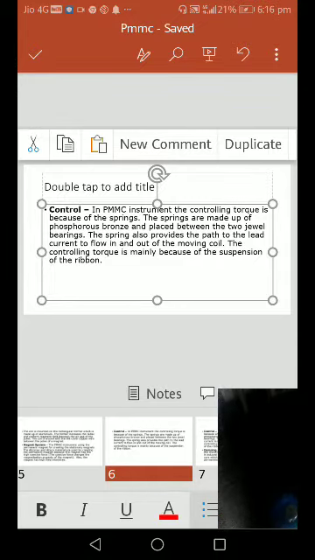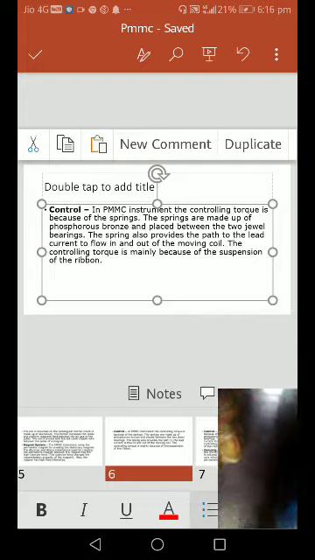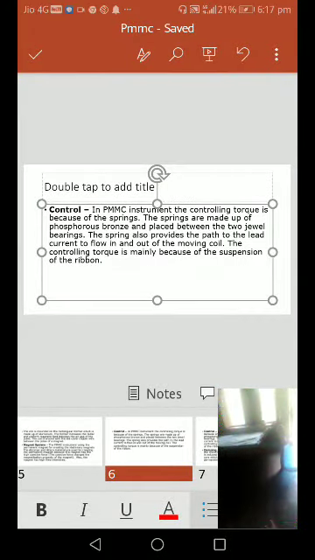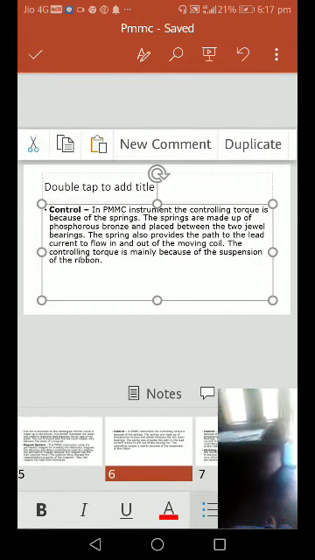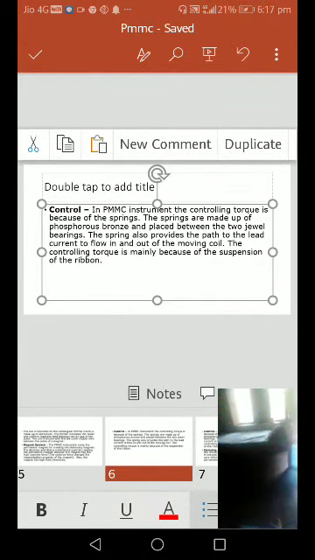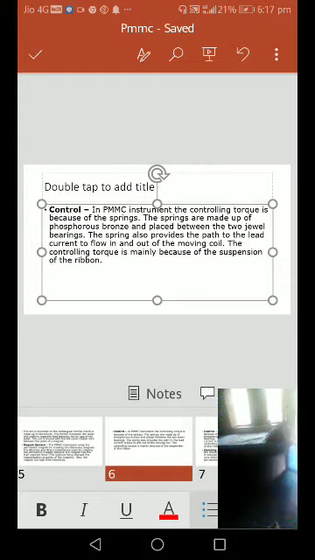The springs are made up of phosphor bronze and placed between the two jewel bearings.